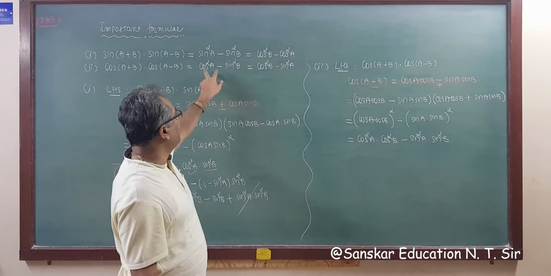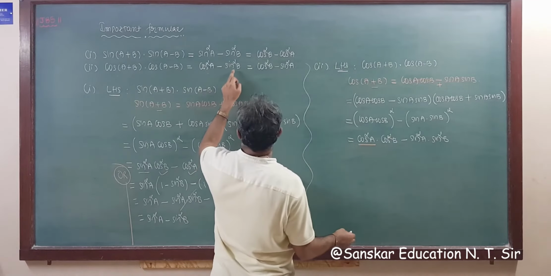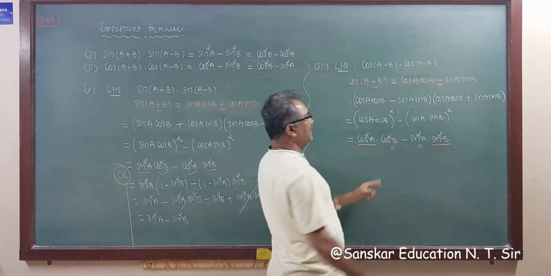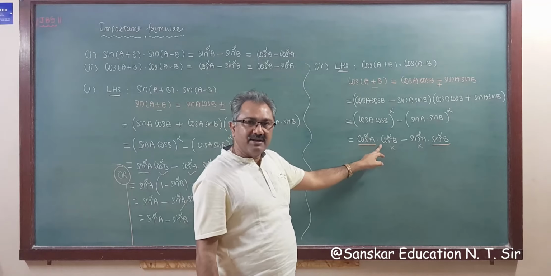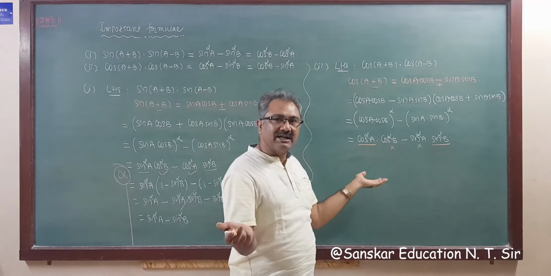So what you require, suppose you require cos square A, then cos square A is this and sin square B is this. So you don't need this. So change this cos into sin and this sin into cos. You will get your answer, right?